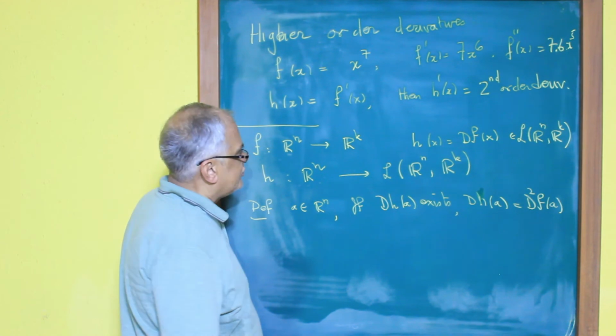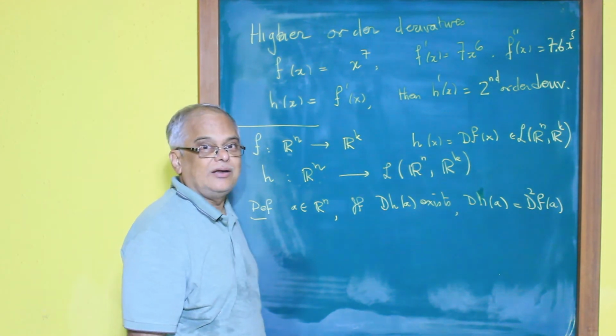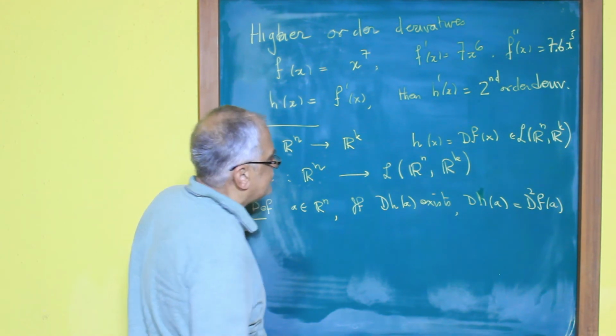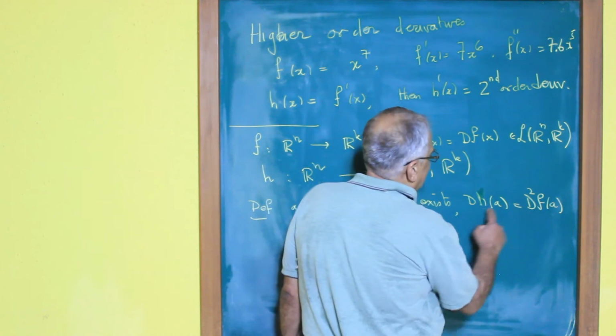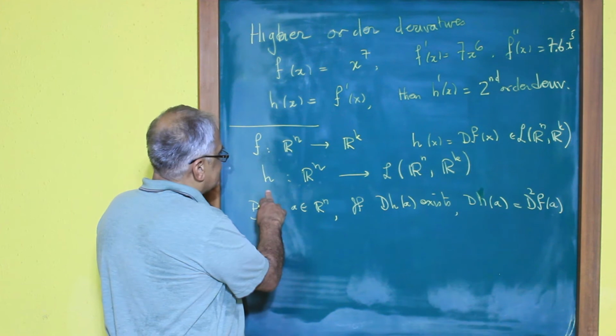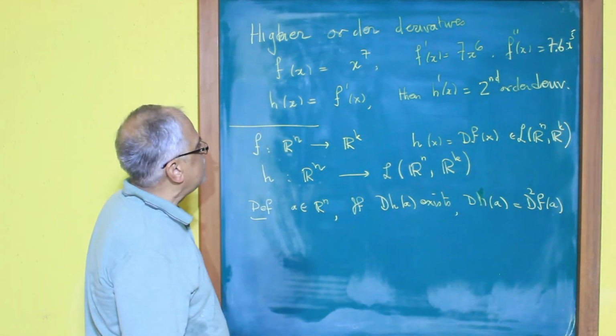So this actually is a bit of a confusing thing to think about. You have to spend a little bit of time to convince yourself where the second derivative of f is, or where the first derivative of h is, where h itself is a map from Rn to this space. But what do we know?